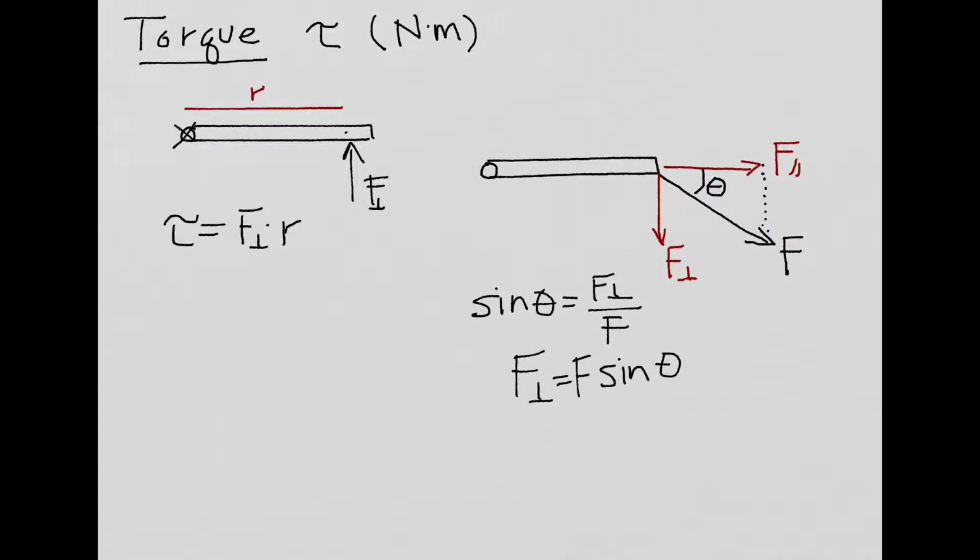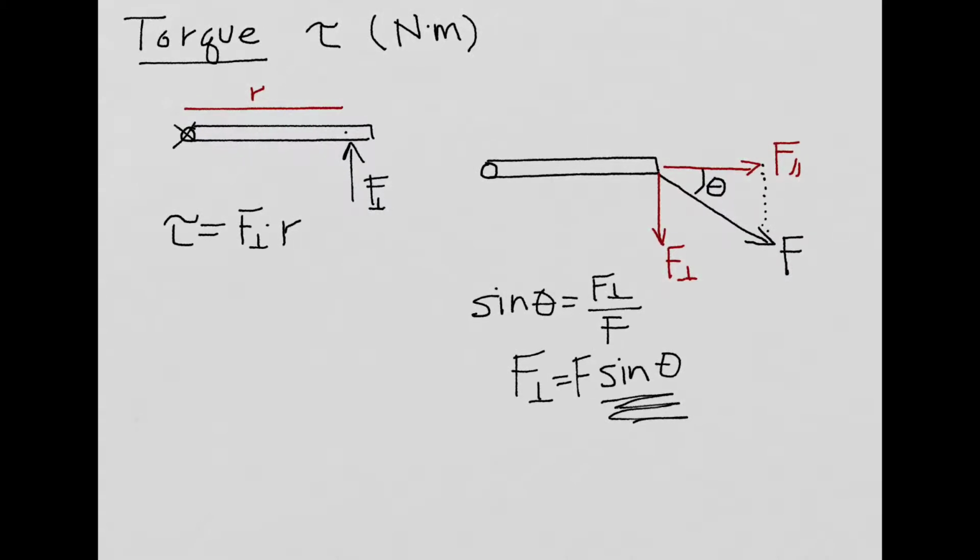I'm very reluctant to put this information, the sine or the cosine, into the definition of torque because each situation is different, the angle is different. So I'd like you to remember that torque is the force that's perpendicular to the object, and r is the distance from the hinge.